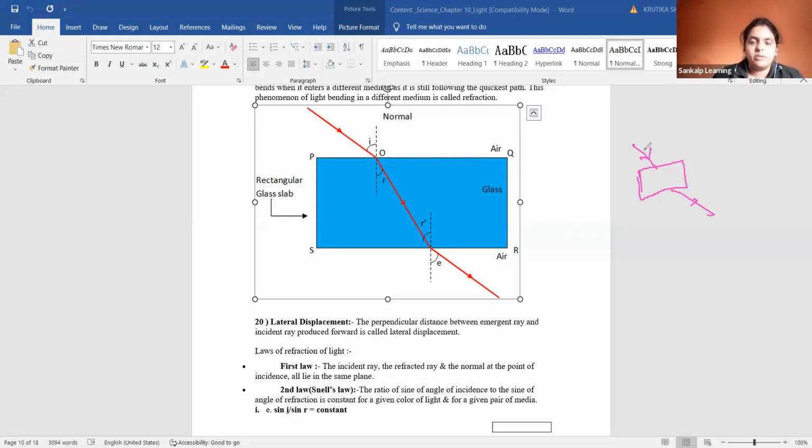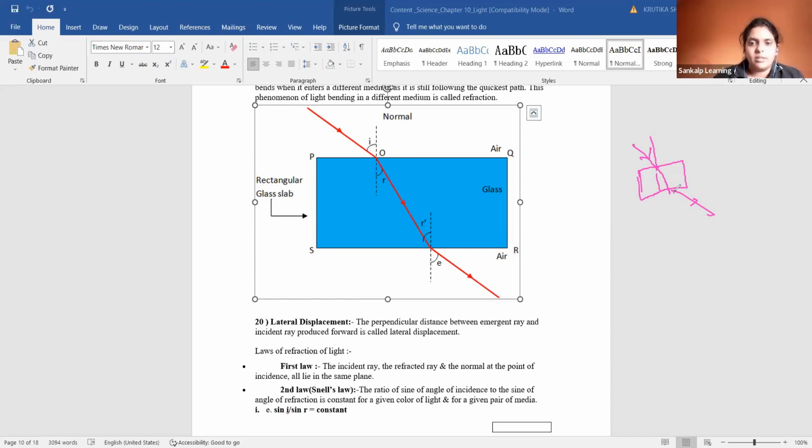The first ray is the incident ray. When it travels from air to glass, it changes direction towards the normal. Now it is moving from glass to air, therefore it will bend away from the normal.